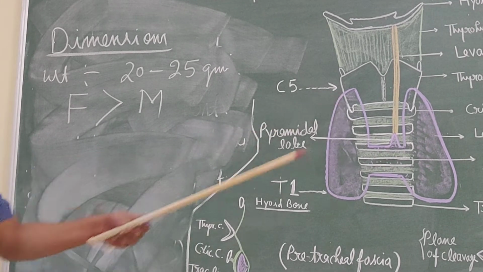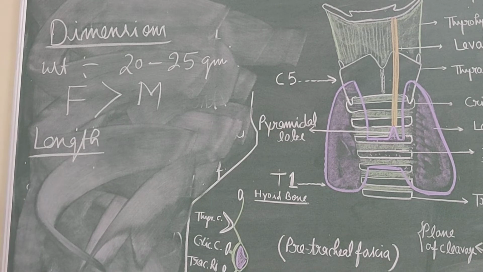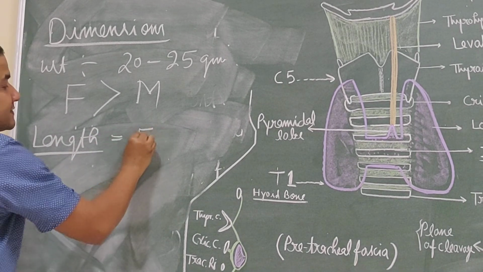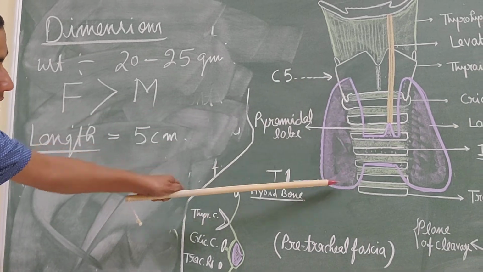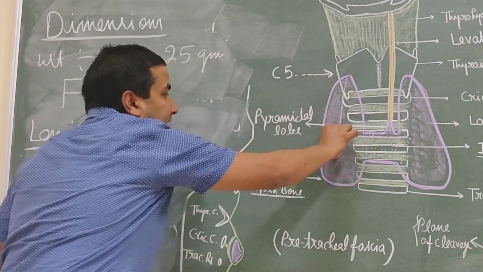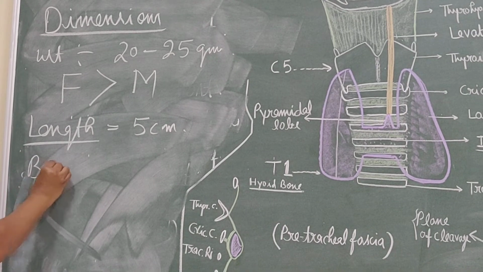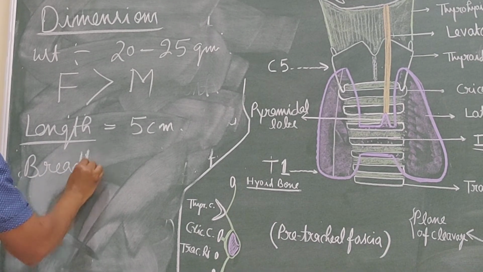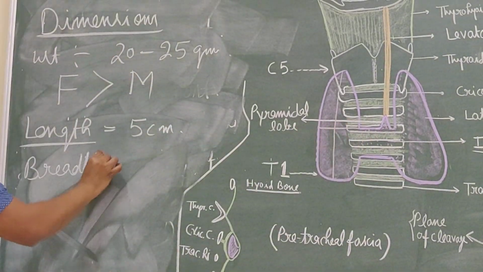Each lateral lobe's length, the maximum length from the apex to the base, is about 5 centimeters. The maximum breadth is 3 centimeters.